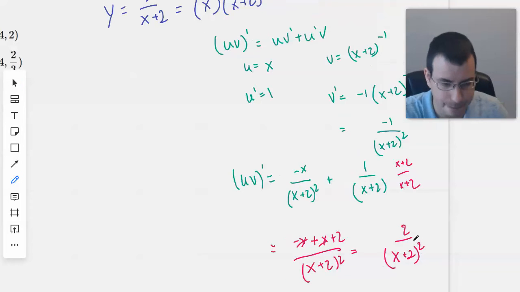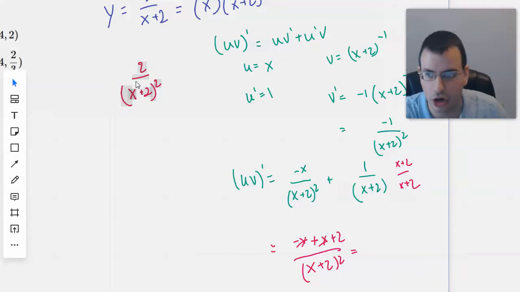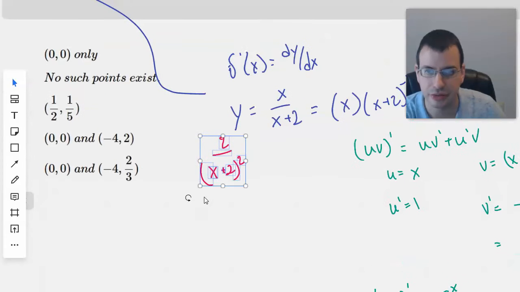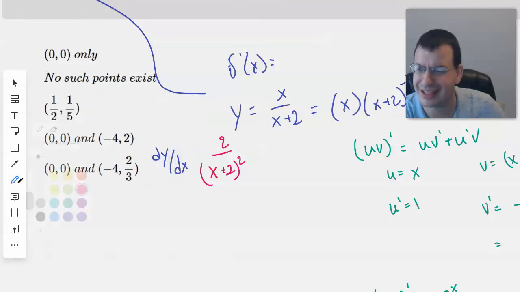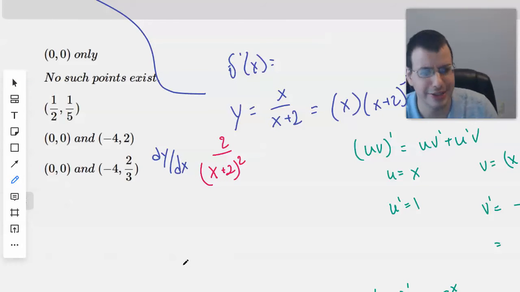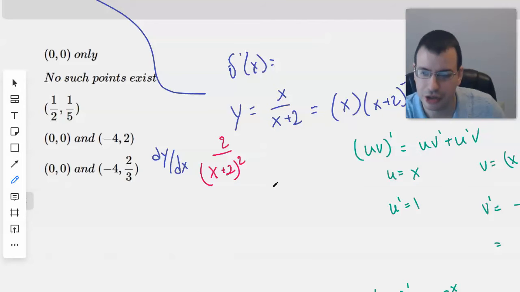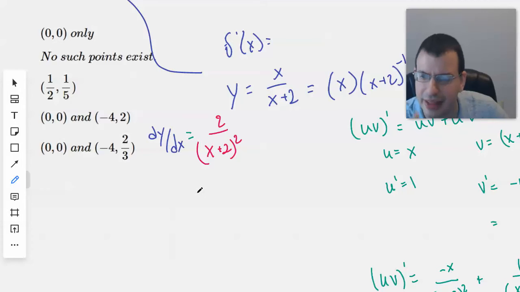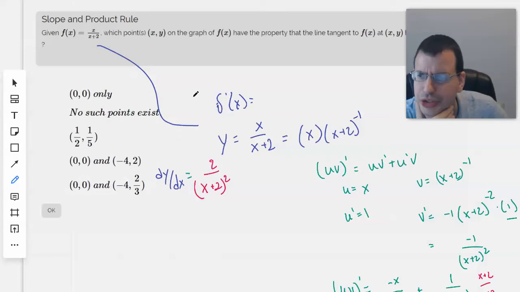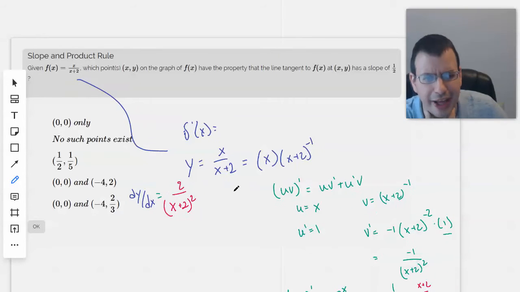Okay, so now we have our dy dx. Copy this. I'm so lazy. That's how lazy I am. So lazy. Don't even rewrite dy dx. Okay, so now we have this guy. What are we supposed to do? Slope of 1/2? Okay.